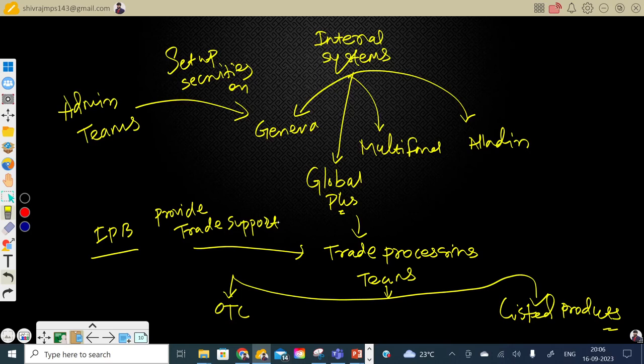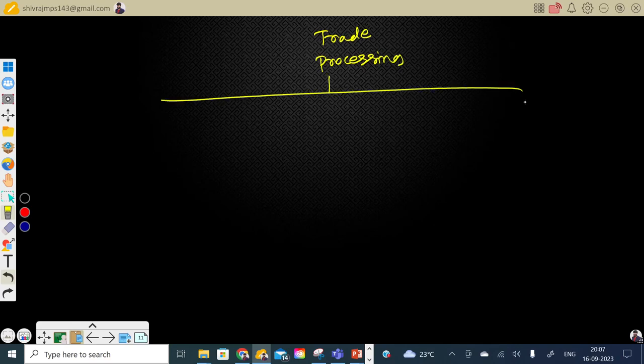You might see different products as well. Under OTC you may see different teams, and you may see how this entire flow works. You may be surprised.